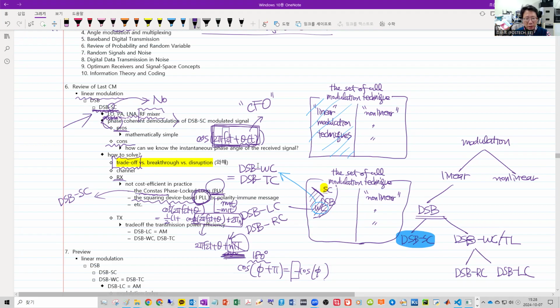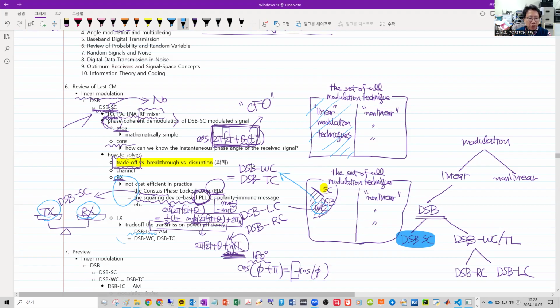So engineers traded off transmission power efficiency with receiver complexity. It's like you have a scale, 저울 in Korean, where you can spend something more in the receiver, or you can spend something more in the transmitter, like what we are going to study today, double sideband with large carrier.